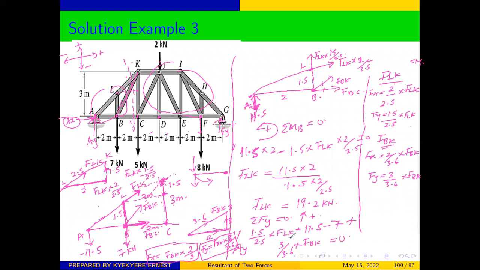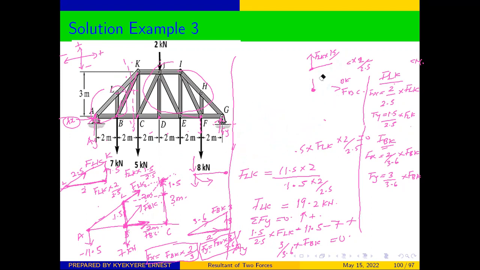Then from here, we can substitute the value of FLK into the equation. Allow me to erase this area so that we can get enough space for our solution.